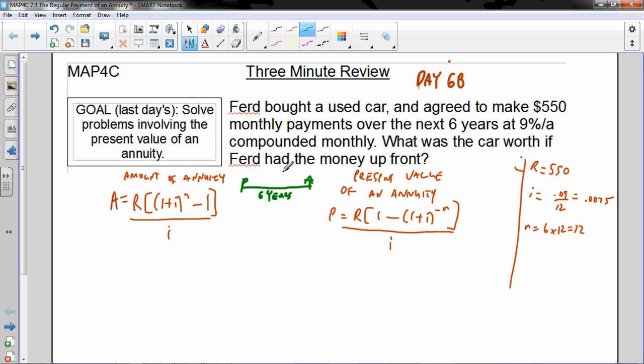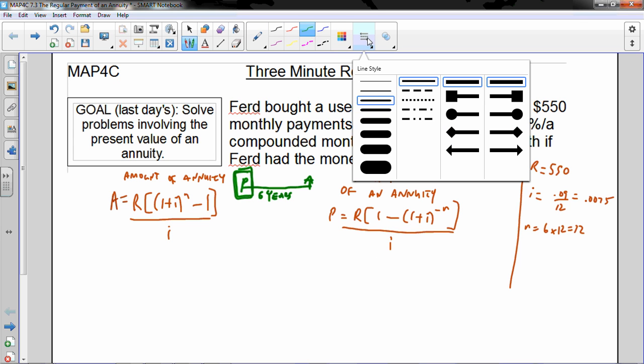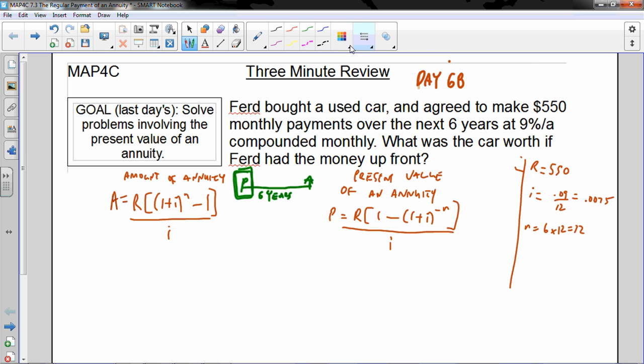What was the car worth if Ferd had the money up front? Well, up front would be here, right? Present value. So we want to find the present value of those payments. That would be how much if Ferd had cash that he could pay for the car.